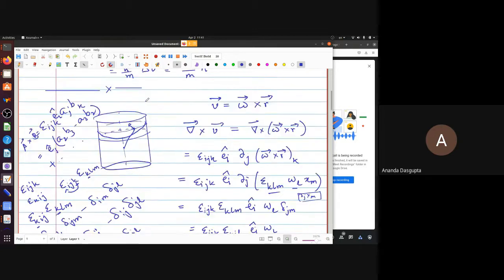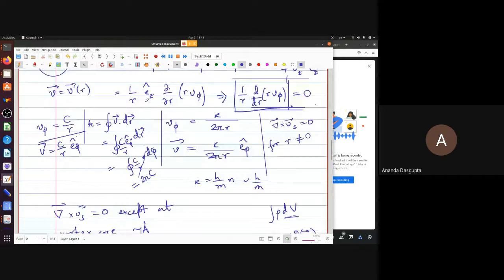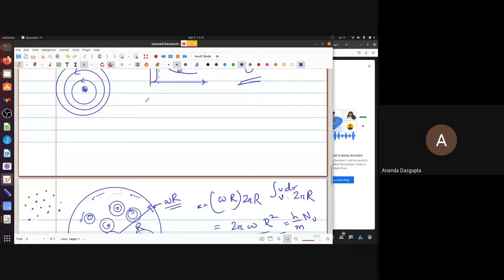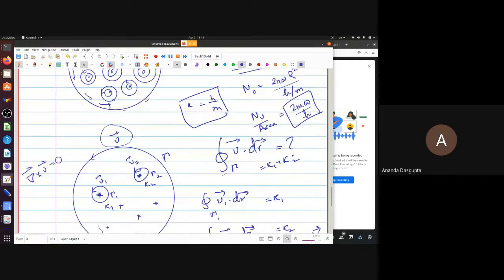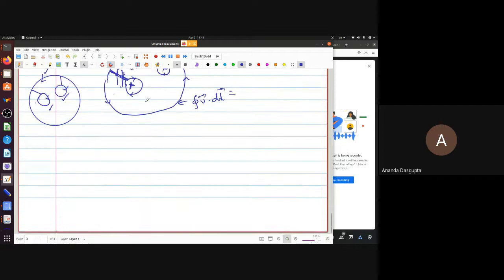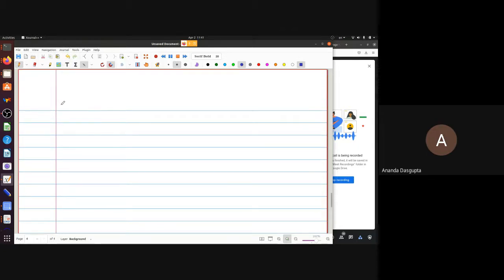Now, unfortunately, I don't think I will be able to finish whatever I wanted to do today. I will need one more day to talk about superfluids before we go to superconductors. But let me just point out one more thing at least, and this is Landau's beautiful theory about critical velocity.